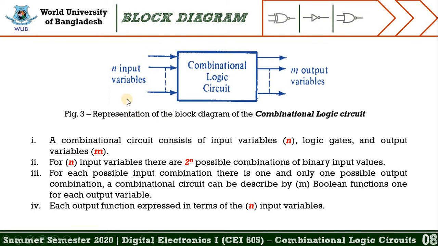Next, from this slide we may learn the block diagram of combinational logic circuit. Figure 3 represents a typical block diagram of combinational logic circuit, in which on the left side you may see the inputs and on the right side the outputs. The number of inputs is symbolized by n and the number of outputs by m, and the middle portion is the combinational logic.